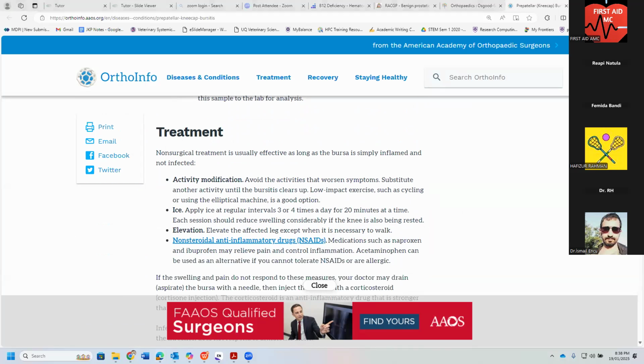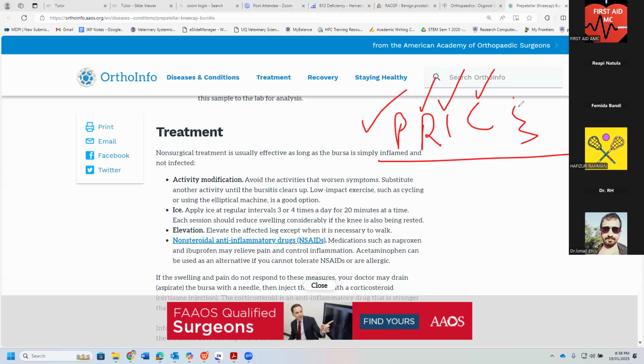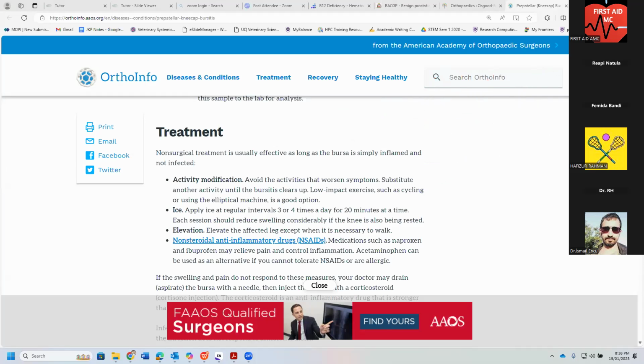For every orthopedic condition, they have a mnemonic used for management, which is pain relief, rest, ice, compression, elevation. They use it in most things, and it can help to decrease the severity and the occurrence of the pain as well.